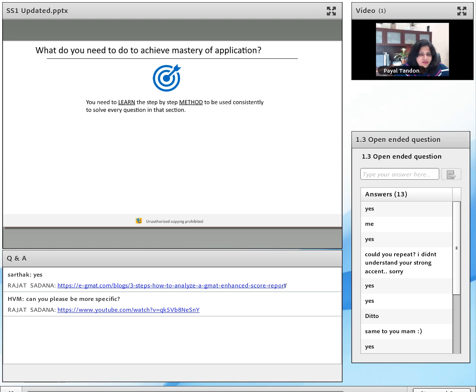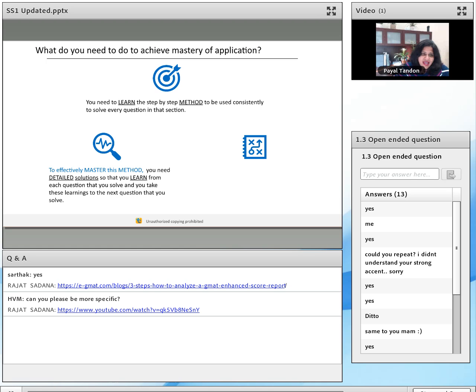So what I want all of you to pay attention to is that apart from learning the concepts, you have to learn how to apply those concepts. And you cannot accomplish mastery of application by simply practicing questions from numerous, at times unreliable, sources. You don't really need to solve thousands of questions to learn that method and to achieve mastery in application. And I'm going to demonstrate that to you today.